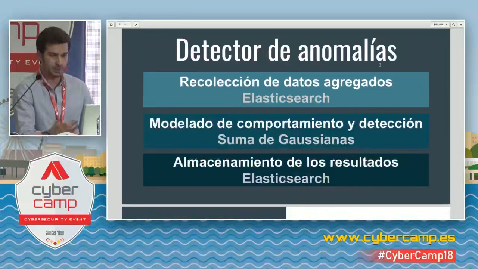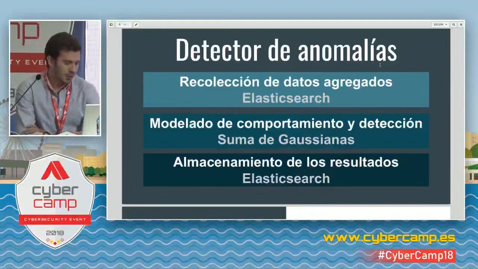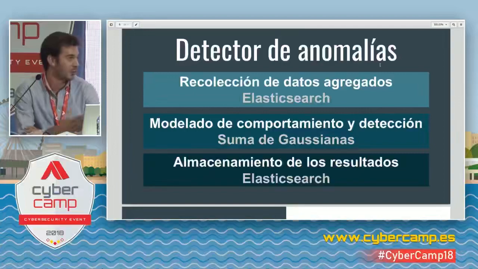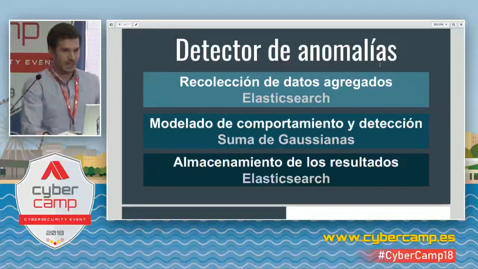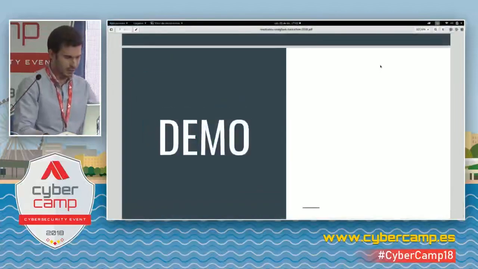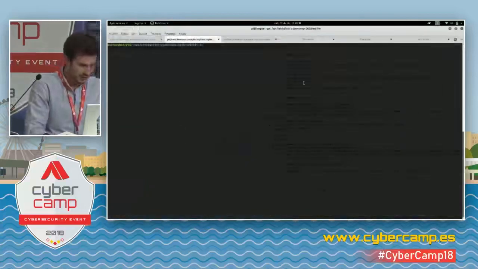Anomaly detector, thanks to the Euro's help as well. It uses a Gaussian algorithm, and Victor will explain what that means. And since I'm running out of time, let's start the demo.